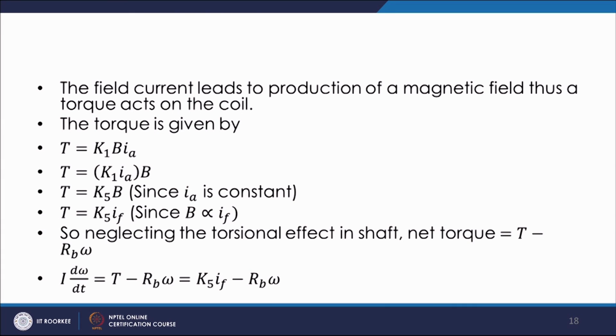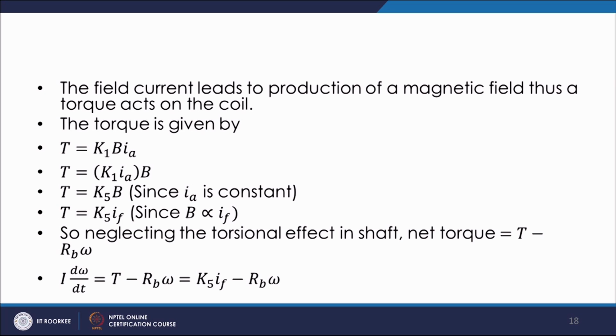So, what I can do is make this K1 IA a constant, and give it some name, say K5, into B, since I am assuming the armature current to be constant. Now, this B is a function of IF. The more the IF, the more the B you are going to have. So, I replace this B with IF, and this torque is K5 into IF.